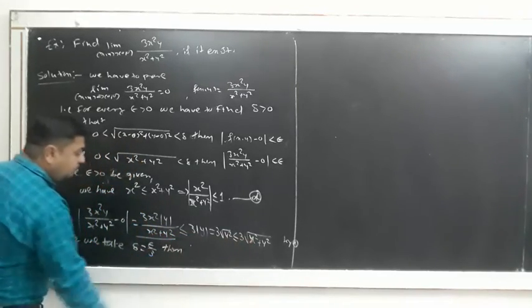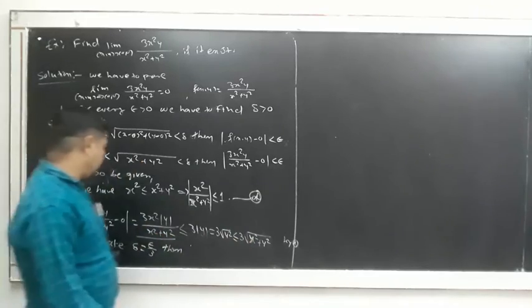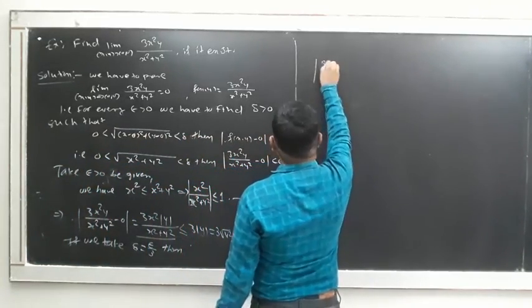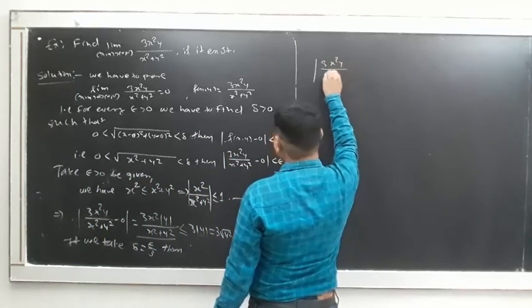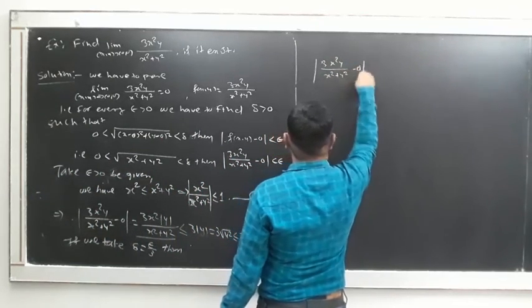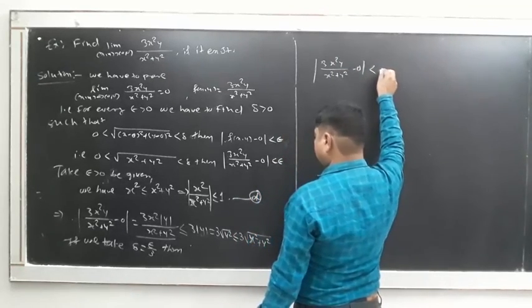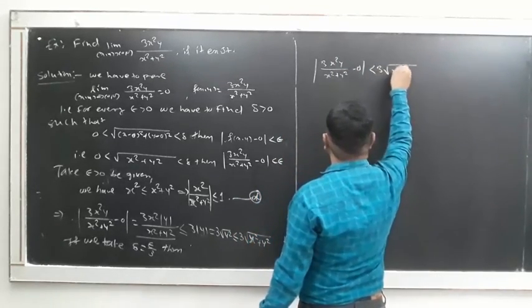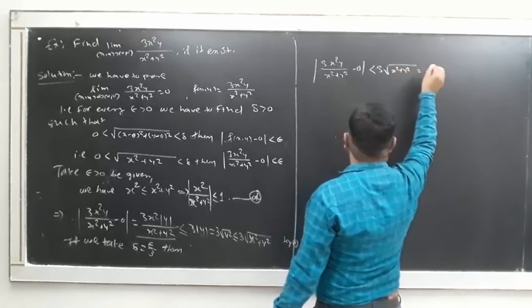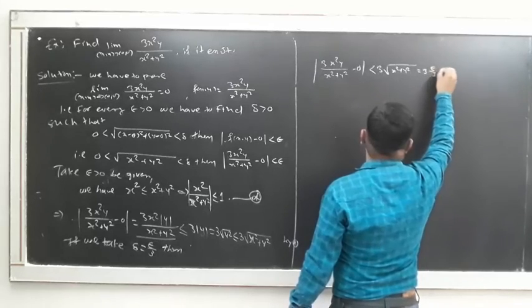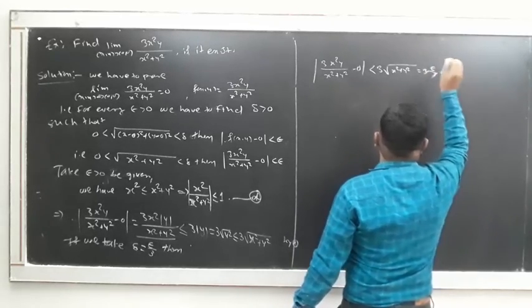Then we can write that the mod of 3x square y upon x square plus y square minus 0 is strictly less than 3 times the square root of x square plus y square, which is 3 into epsilon by 3. This should be epsilon.